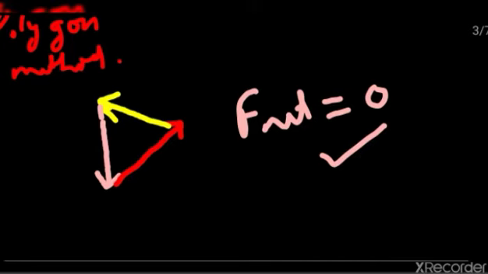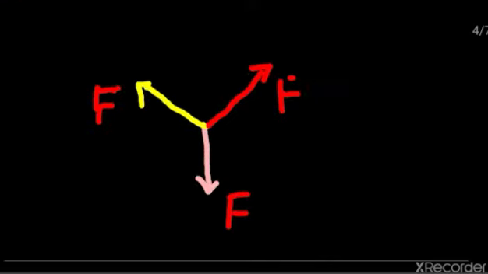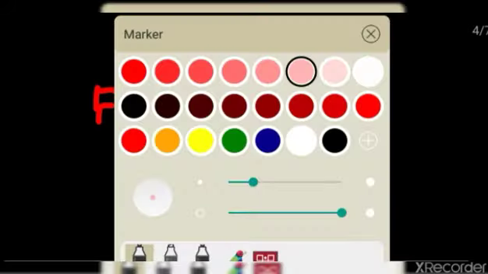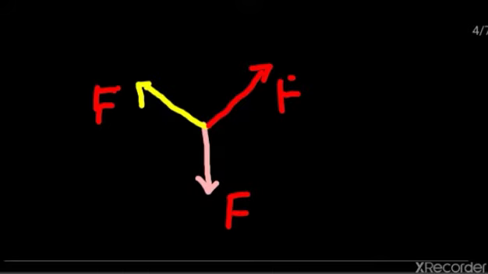Now come to the mathematical or algebraic method. For the algebraic method, I have shown another diagram here, again considering all three vectors. In the algebraic method, if we are given three vectors, we first try to find the resultant of any two of them. Let's find the resultant of the yellow and red vectors.